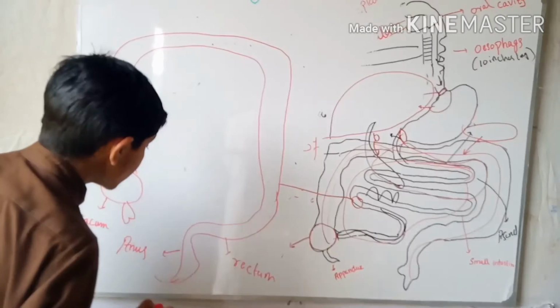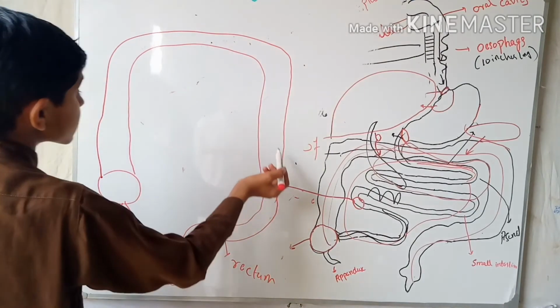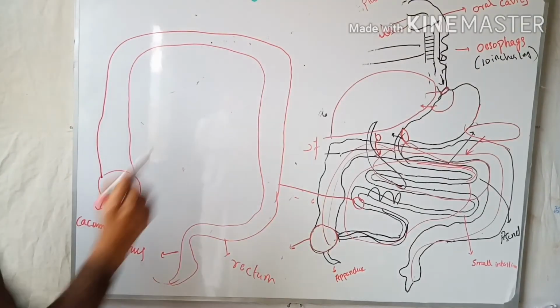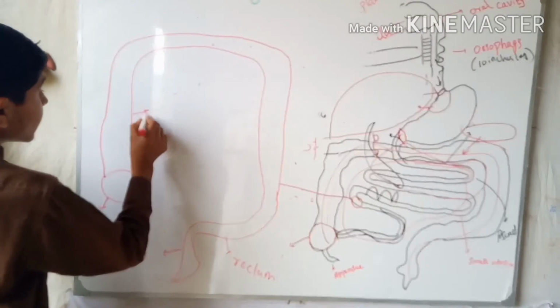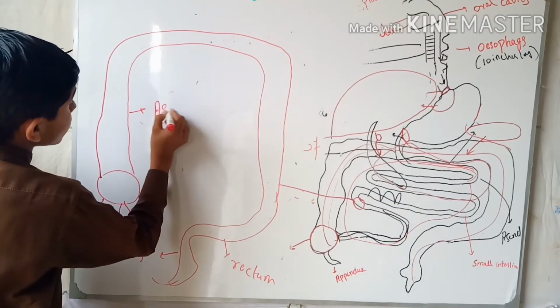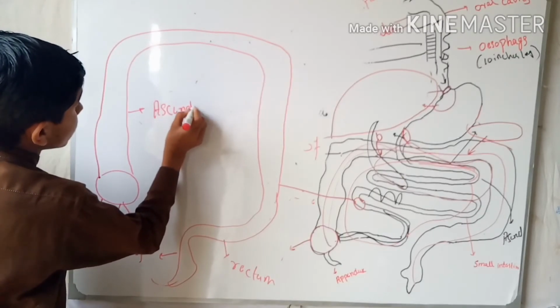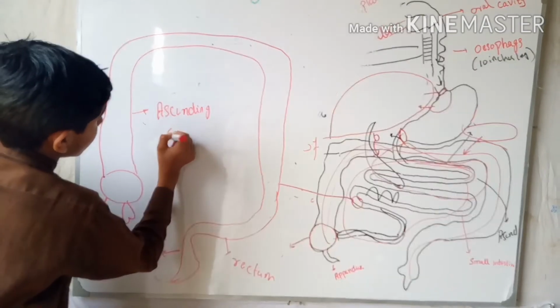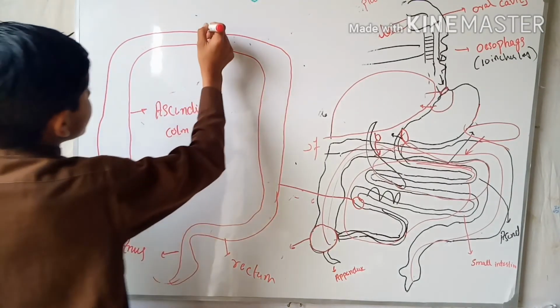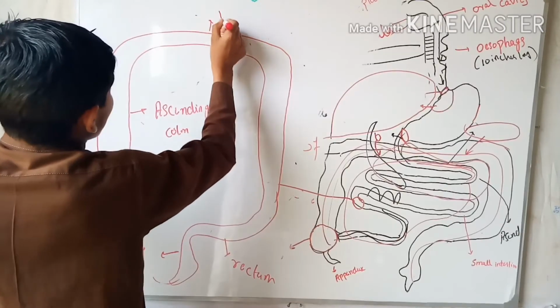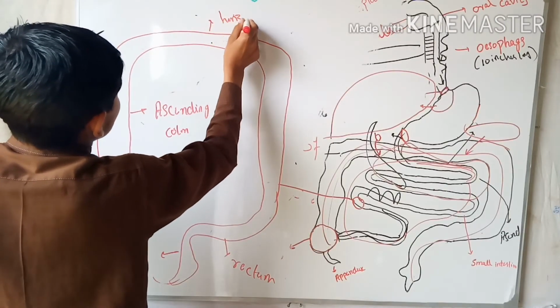So these are the 4 parts. The colon is then divided into 4 parts. This one is called the ascending colon. This one is called the horizontal colon.